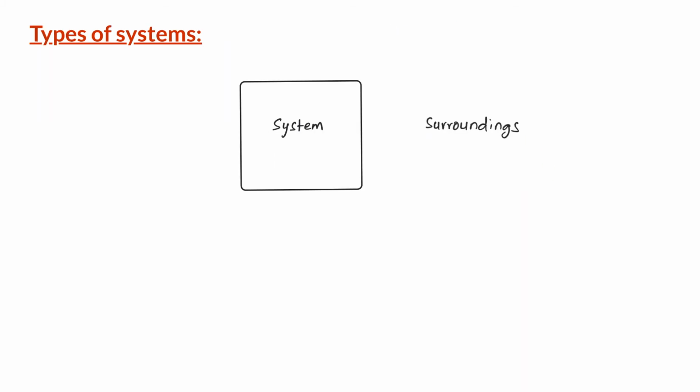Depending on the flow of matter and energy between the system and surroundings, systems can be classified into 3 different types: a closed system, an open system, and an isolated system. Let us discuss what each of these systems mean. In a closed system, the exchange of matter between the system and surroundings is not allowed.